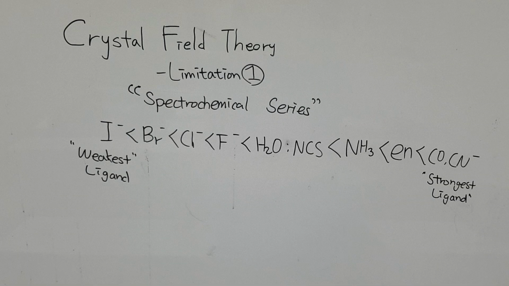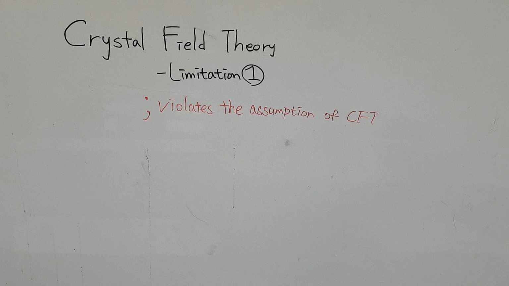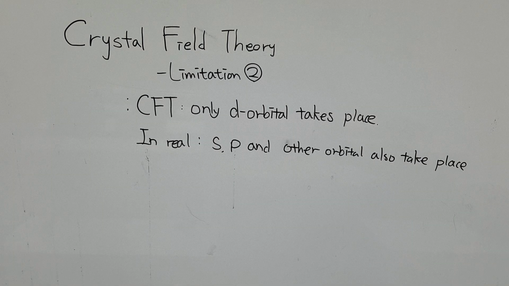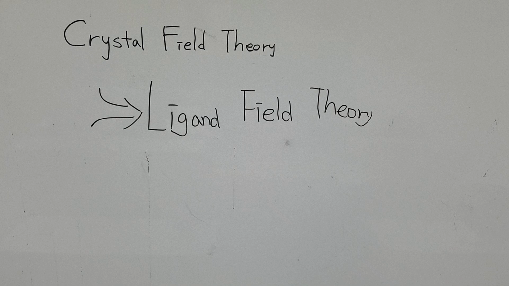If you look carefully, neutral ligands like H2O, CO, and NH3 have larger delta O than negative ligands, and CFT can't fully explain this, especially. This phenomenon means that the interaction between metal and ligand is not purely ionic, which is the reverse of the assumption of CFT. Also, the theory only takes d orbitals into account, while s and p orbitals also relate to complex formation. And because of those, there is a new theory called ligand field theory to handle those limitations.